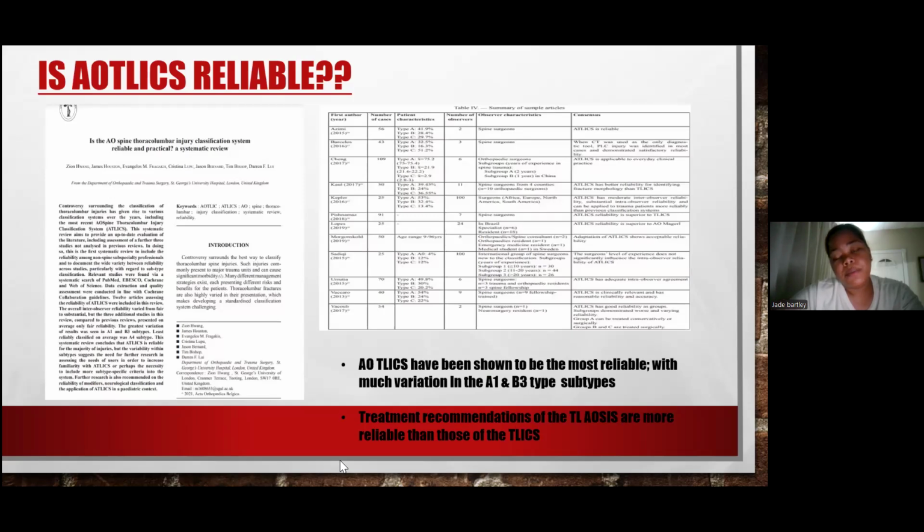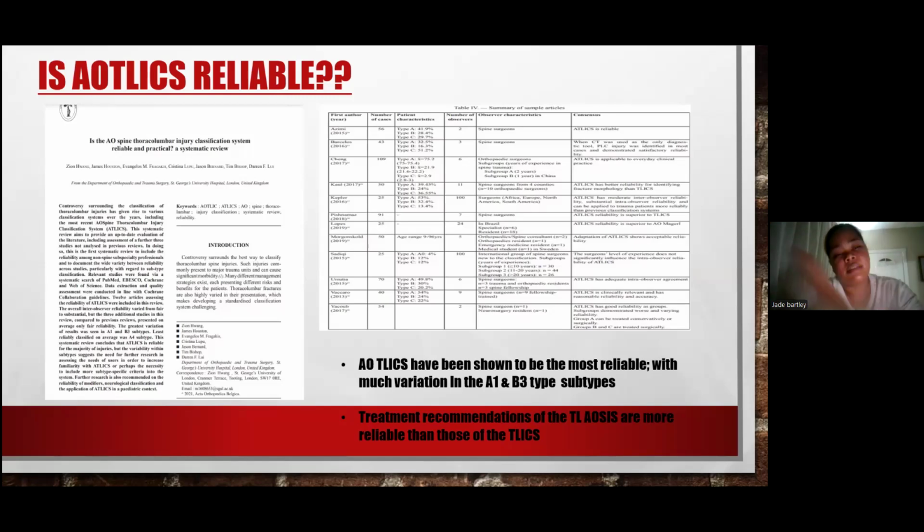But since this was proposed as well, it's important to know whether or not it is reliable. Reliable meaning, is it reliable in terms of reliability between the physicians, or intra-observer reliability? So are you able to classify patients in the same subgroups each time when used?